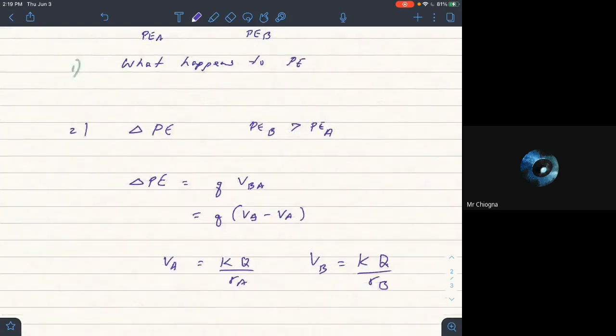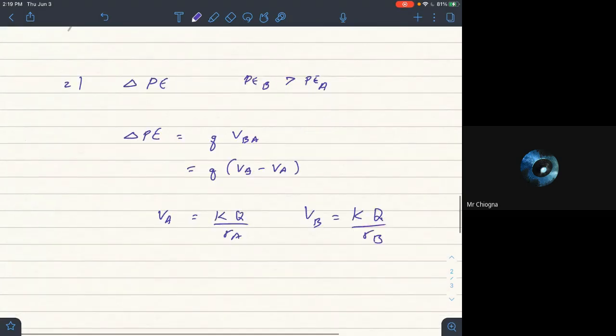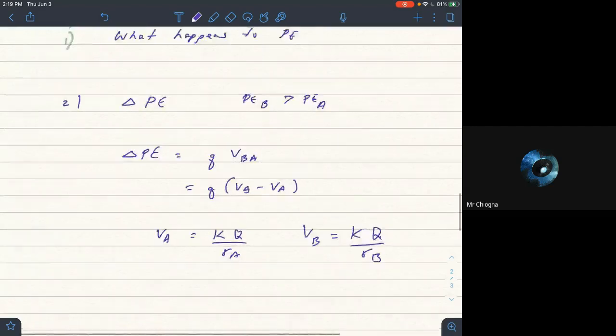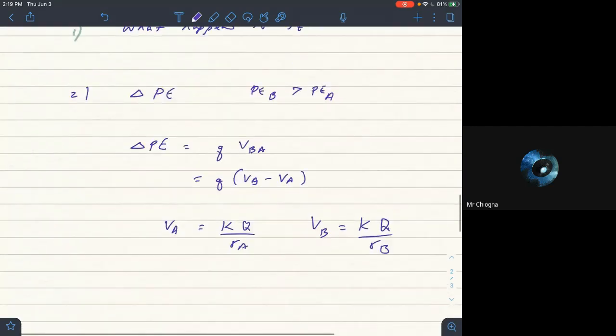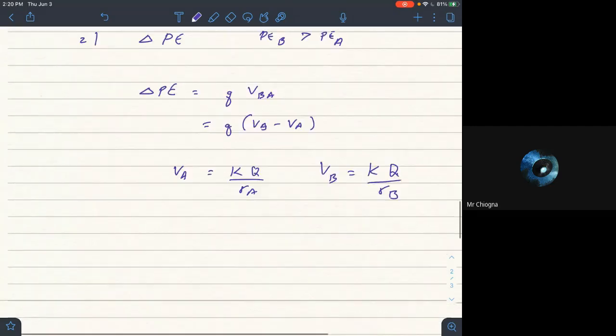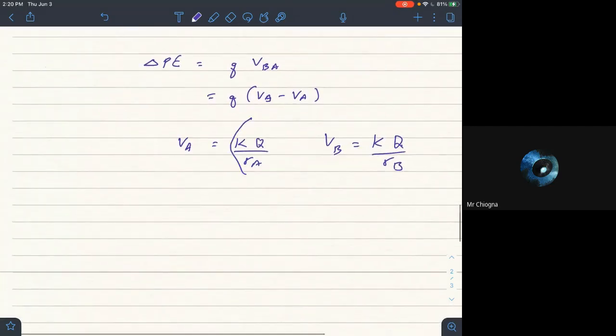Okay, let's look at it. Are these applicable to parallel plates? Can you use that for parallel plates? What do you think? No, because they're for point charges.